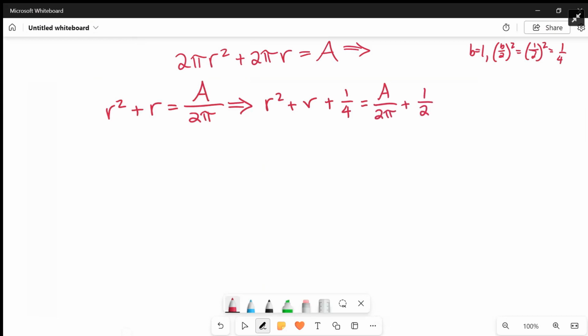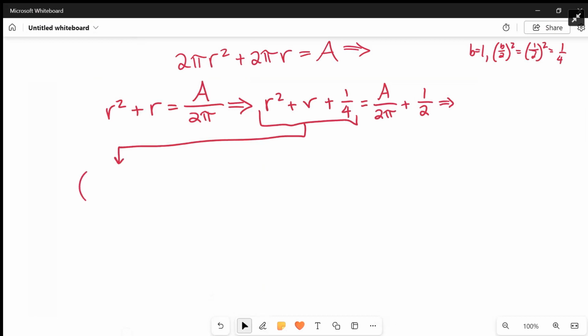Next up, it's important for us to combine these fractions by getting a common denominator. This term, by having added that perfect square, can be factored into r plus or minus b over 2. In this case, b is a positive value, so it's r plus 1 over 2, close the parenthesis, square it.